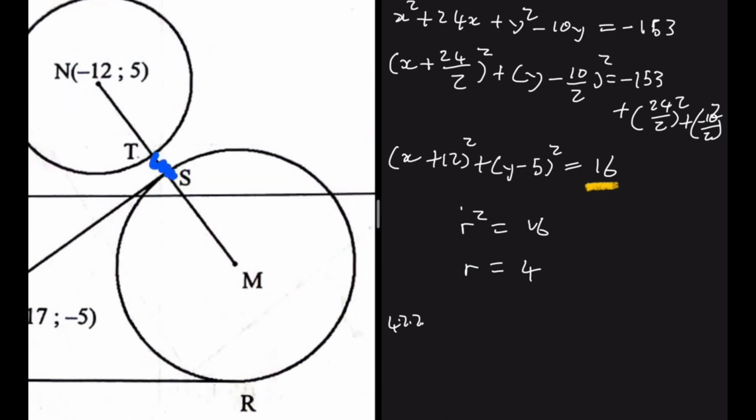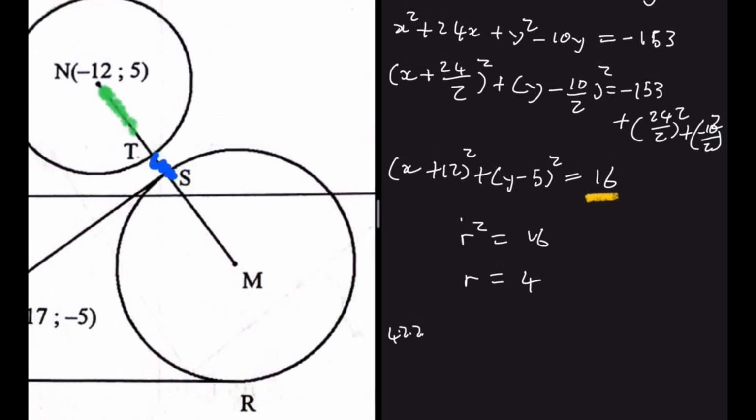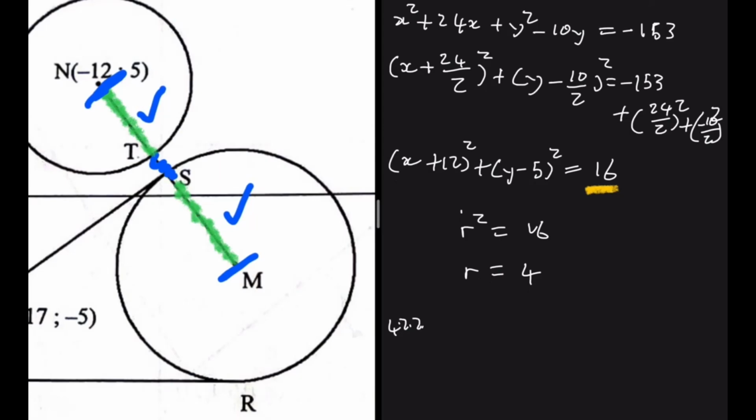What we have is the radius of the smaller circle and the radius of the bigger circle, right? So what we can do, we can find the length of NM. If we find the length of NM, then we're going to subtract the radius of the smaller circle and the radius of the bigger circle to find TS. So let's go ahead and do that.